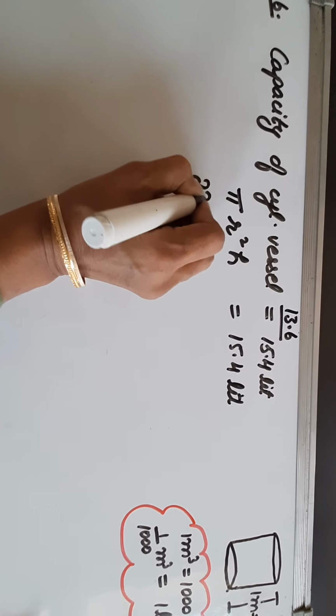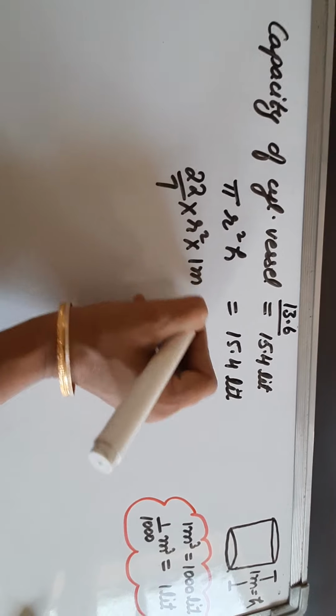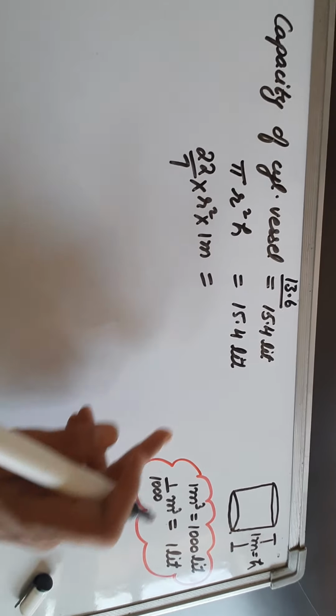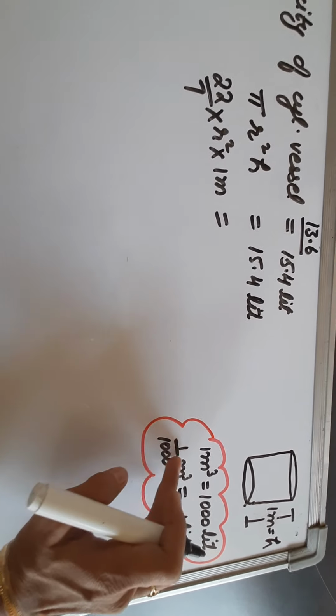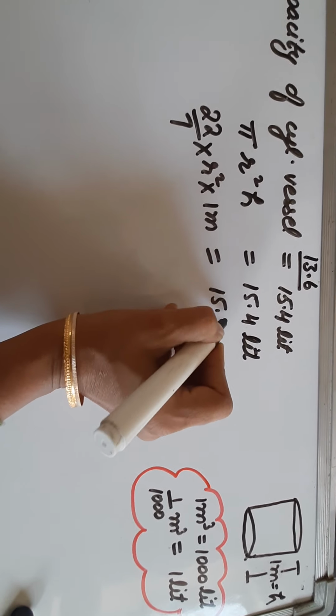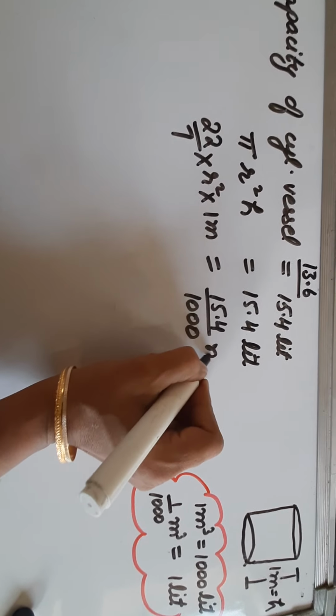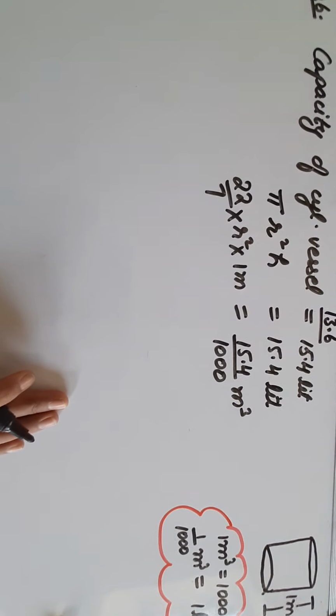So when we put the value of height in meters, we have to convert liters into cubic meters, and 1 liter is equal to 1 by 1000 cubic meter. So we will divide by 1000 to convert into cubic meters.